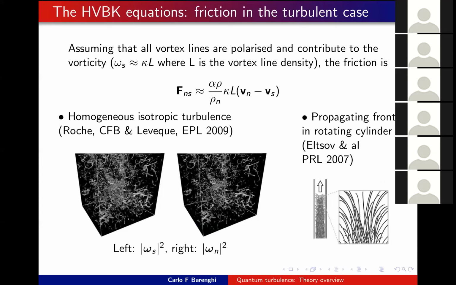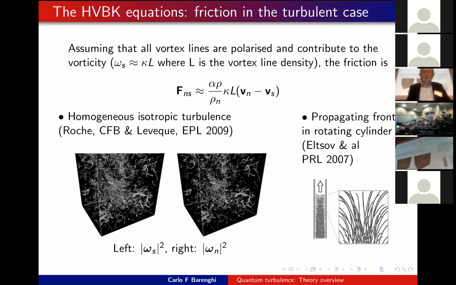And this is somewhat related to the vorticity of the superfluid, which we can call kappa, the quantum of circulation, times L, but not precisely, because it would be so if the lines were polarized, but they are not when the flow is very turbulent. Still, we don't know what to do, and lacking more information and lacking a better theory, this idea of using this friction has been applied.